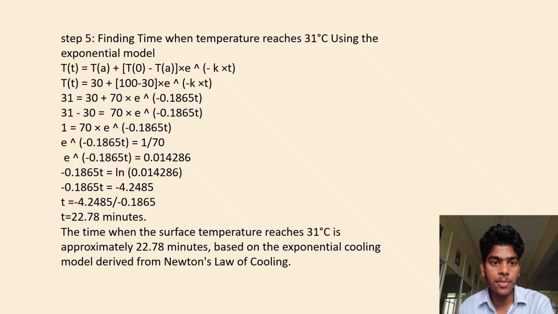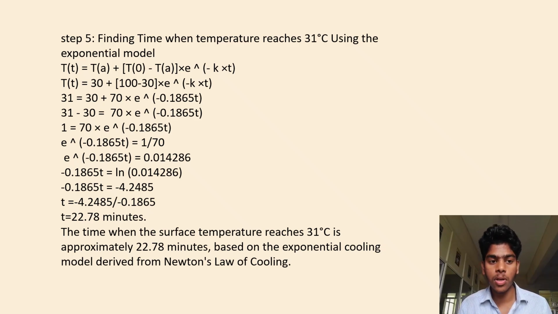The fifth point is the time when the temperature reaches 31 degrees Celsius, using the exponential model derived in the fourth slide. Capital T is the temperature and small t is the time. So T equals 30 plus 70 into e raised to minus 0.186 into t. It is our mathematical model.